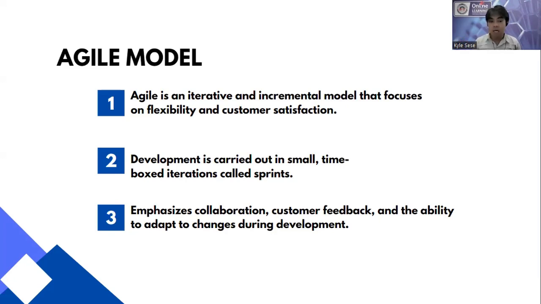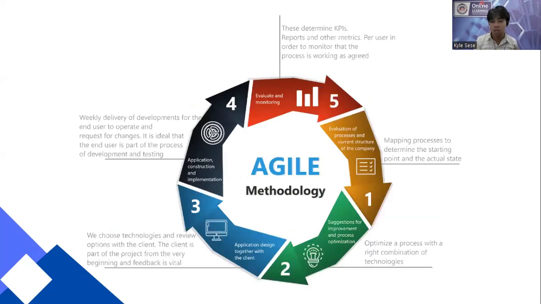The development is carried out in small time-box iterations called sprints, and it emphasizes collaboration wherein the customers or the consumers can provide feedback and the ability to adapt to changes during the development process. So this is what we call the agile model.